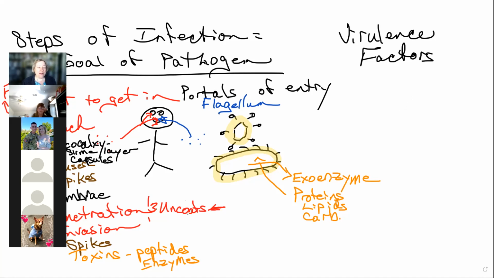Okay, so we already brought up another goal. One of the reasons why a pathogen wants to get in is to get more food, and we call that what? Essential nutrients. They are essential nutrients.